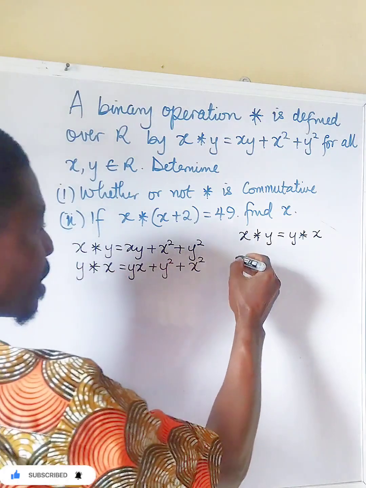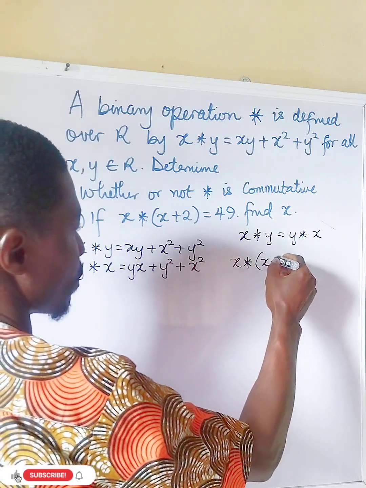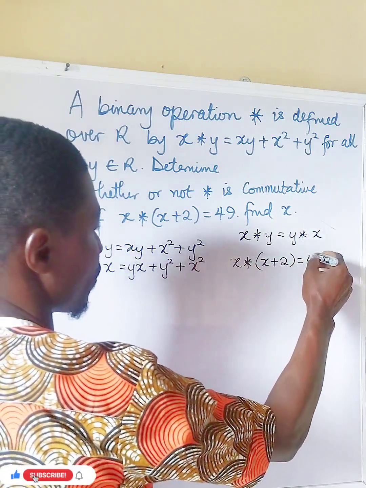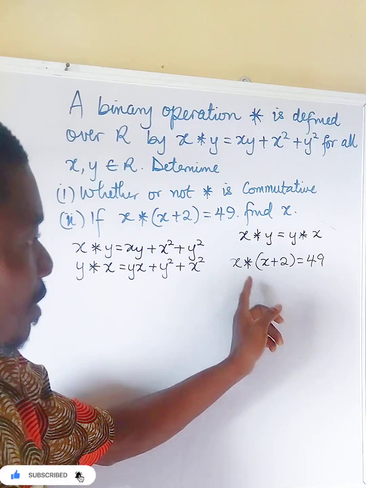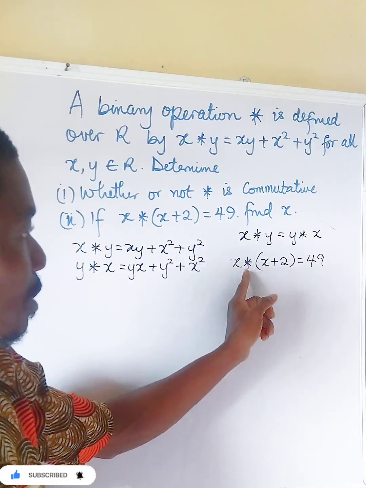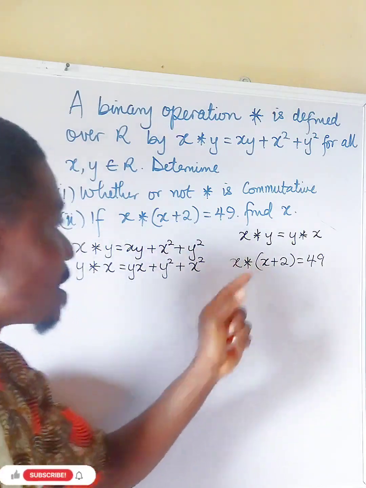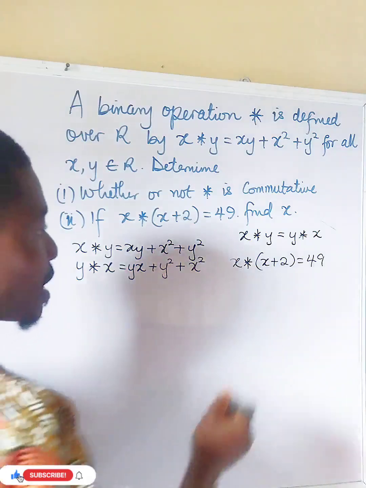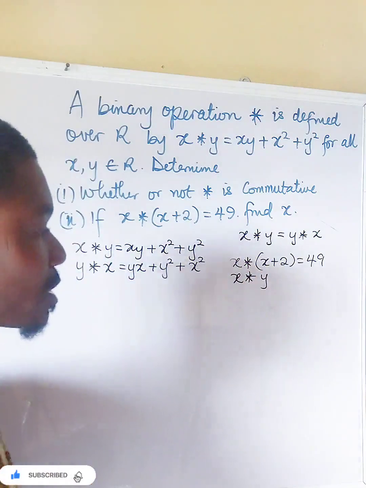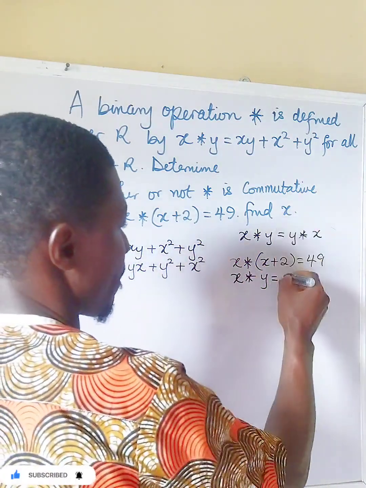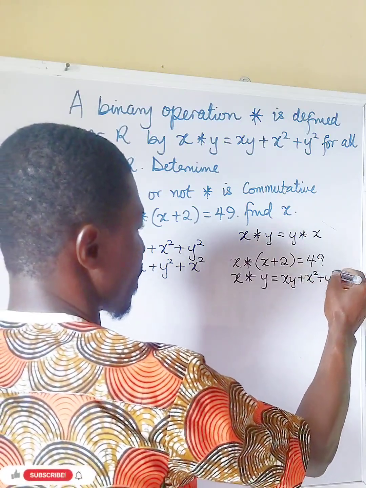Now let us tackle the next one. We have x * (x + 2) equals 49. First of all, here we have x, then the operation, then x plus 2. It is the same thing as saying xy plus x squared plus y squared.